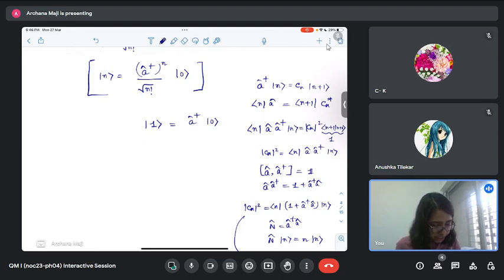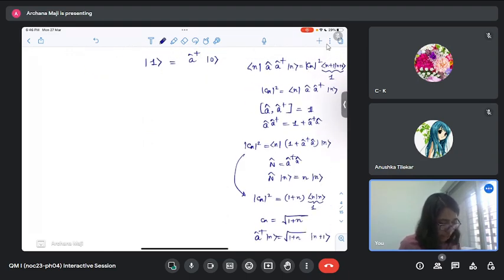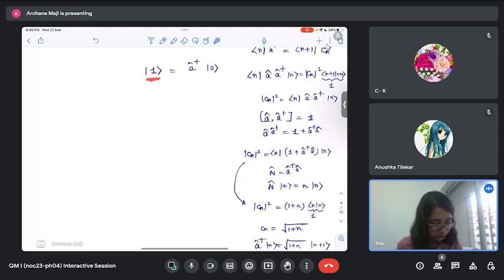So one particle state you can get from the ground state by acting with the a dagger operator once. So a dagger acting on 0 will give you square root of 0 plus 1, ket 0 plus 1, and that's nothing but ket 1.